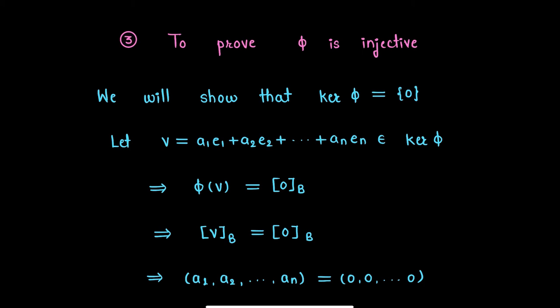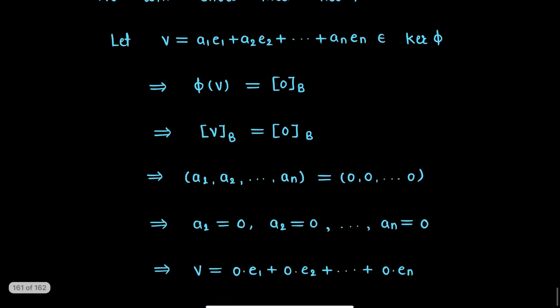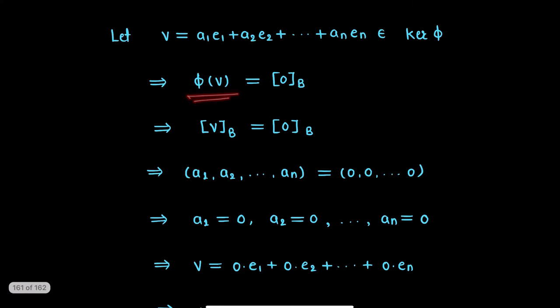So let us consider any vector, say v, in kernel phi having a representation of this type with respect to basis B. Now as v is a vector in kernel phi, we have phi of v is equal to the coordinate of the 0 vector with respect to basis B. Now phi of v is the coordinate of vector v with respect to basis B, and the RHS as it is.